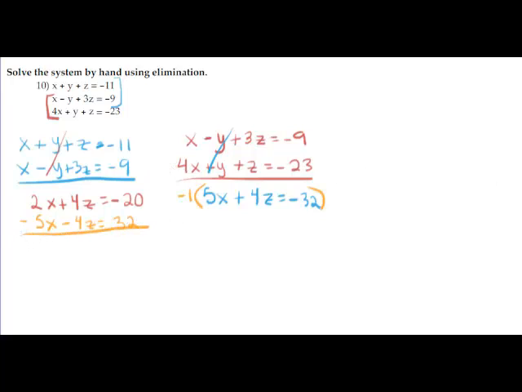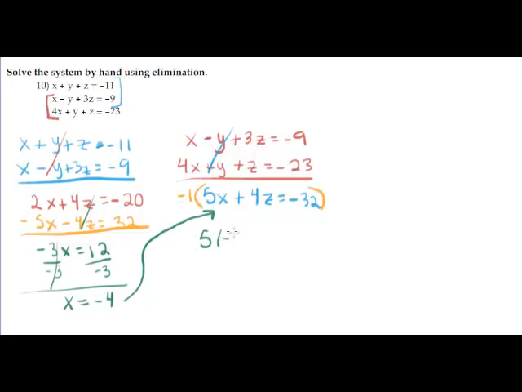Add our equations together and cancel out our z's. 2x minus 5x is negative 3x. Z's cancel. Negative 20 plus 32 is 12. Divide by a negative 3. And x equals negative 4. That's one number. Now we need to plug that into an equation that has 2 variables like this one right here.